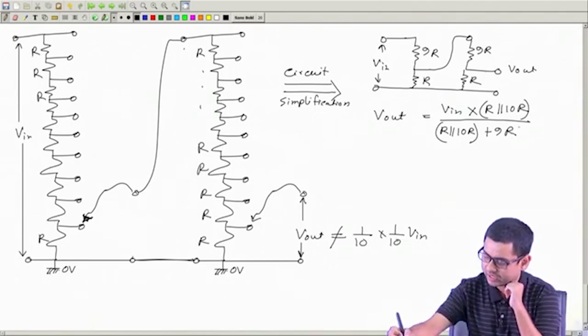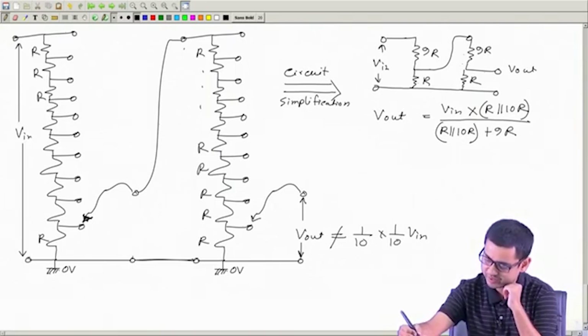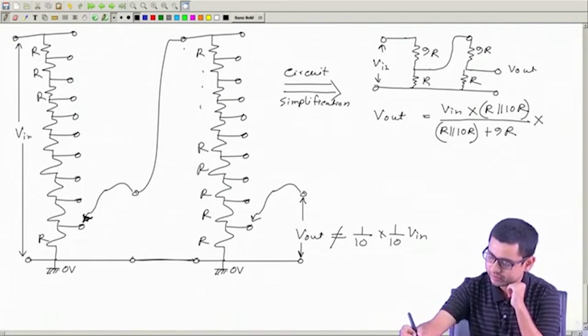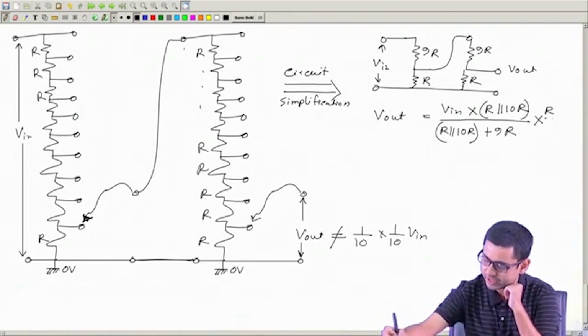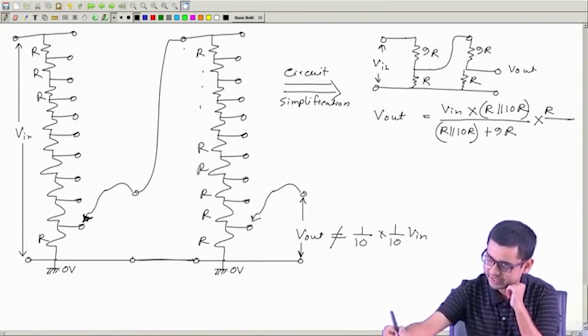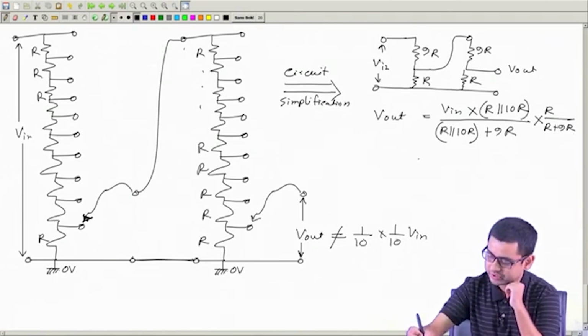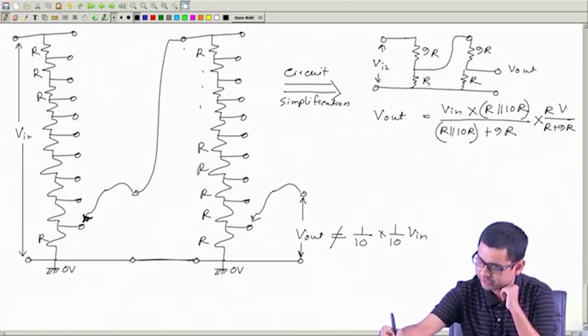And so, this will be the potential difference between these two points. And then let us multiply it once again by another factor, which will be R divided by R plus 9R. So, this becomes whole multiplied by V in.